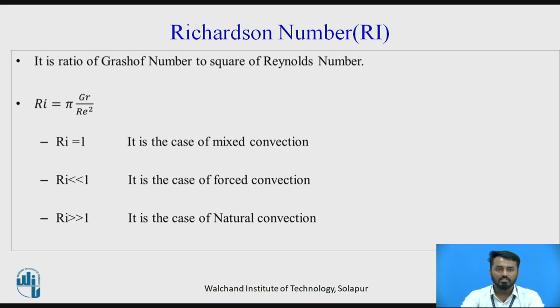If the Richardson number is equal to 1, it is the case of mixed convection in which both forced and natural convection are considered. If the Richardson number is far less than 1, forced convection plays the significant role. If the Richardson number is greater than 1, natural convection is dominant.